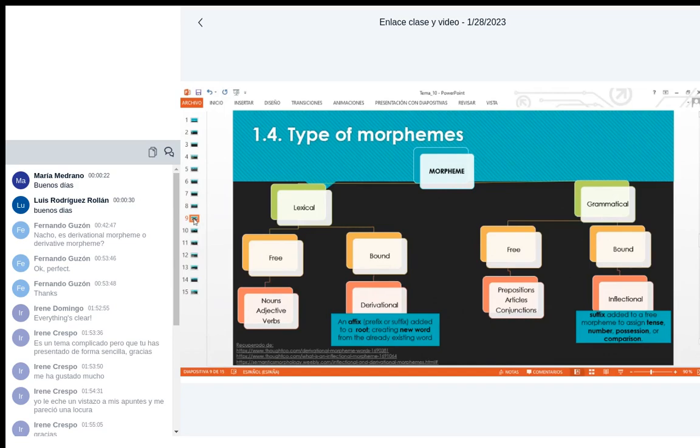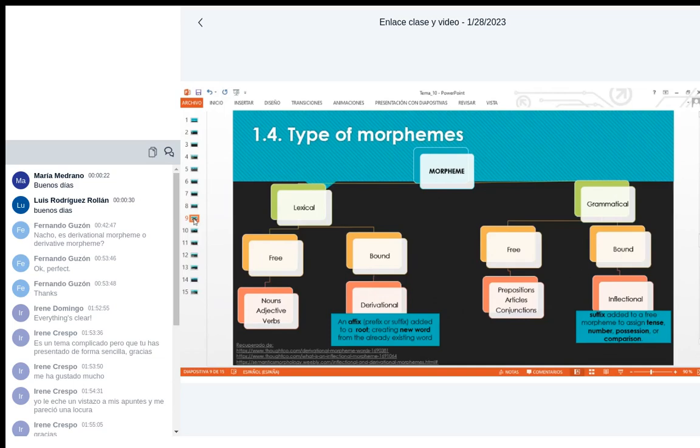Then we've got the bound morphemes, the lexical bound morphemes, and the lexical bound morphemes are the ones which have a meaning, or that by combining them with a root change the meaning. And so, for example, here we would have the prefixes or suffixes. For example, officer.